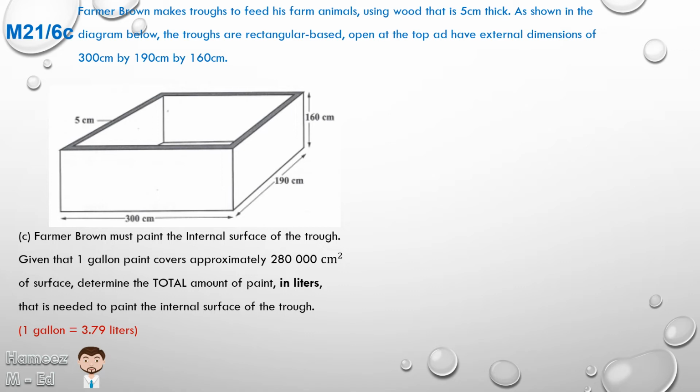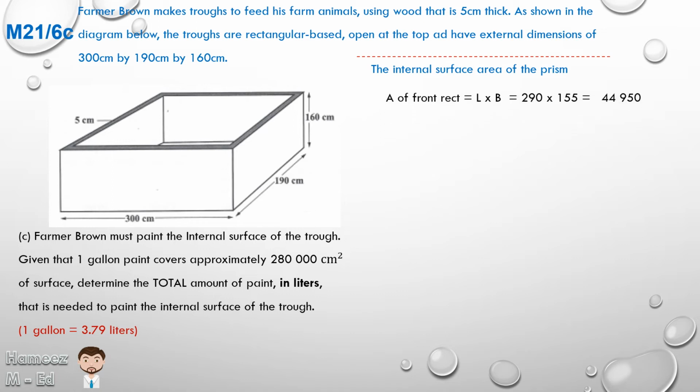So first of all, we need to calculate the internal surface area of the cuboid or prism. If we look at the front surface, the area of the front rectangle will not use the external dimensions, but the internal ones, because we're painting the inside.